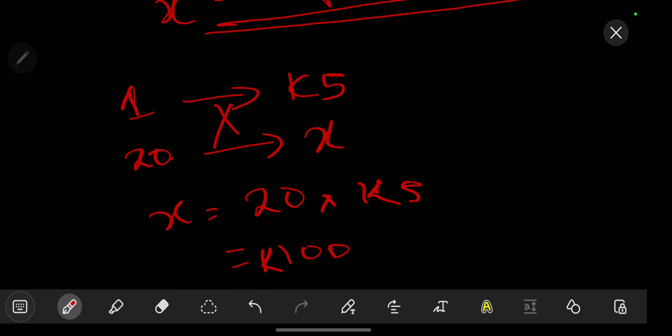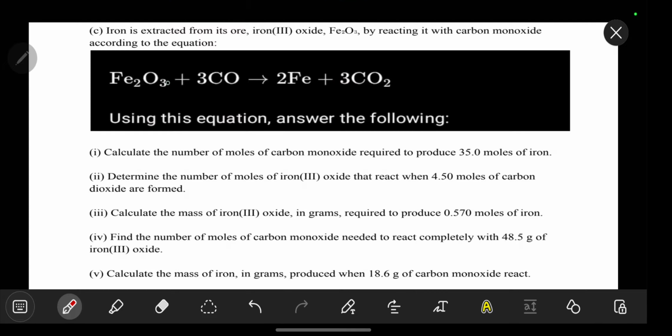Now, let's say you have the actual question. Iron is extracted from its ore, iron(III) oxide, by reacting it with carbon monoxide according to the equation. So now this is the actual question and how it comes.